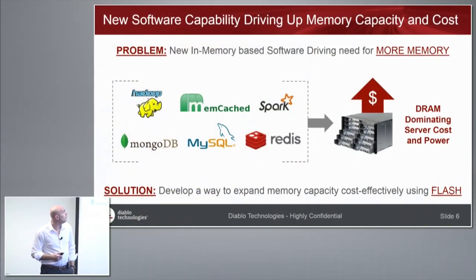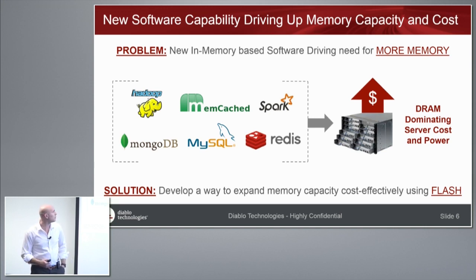Okay, so let's get right into it. Very interesting trends in the market as people try to win the internet. The software that they need to win it is changing.